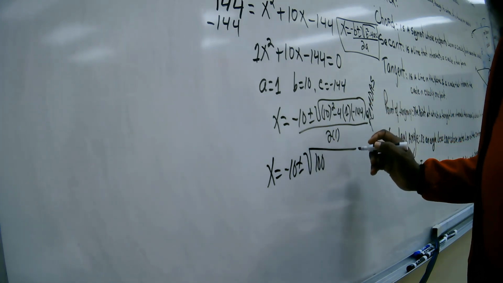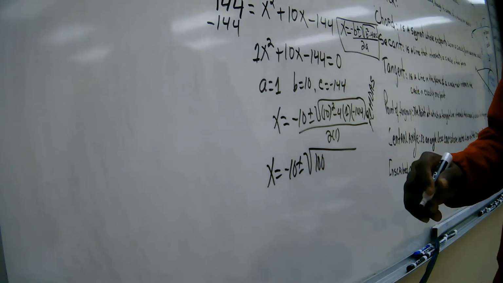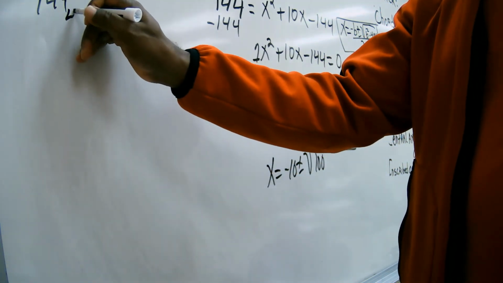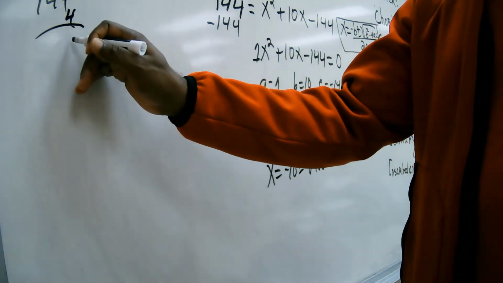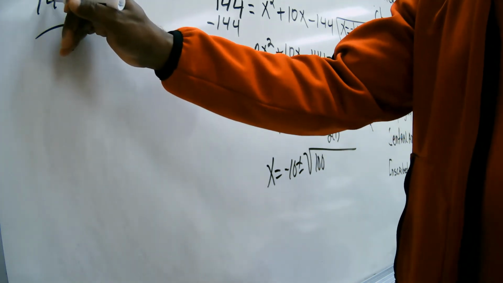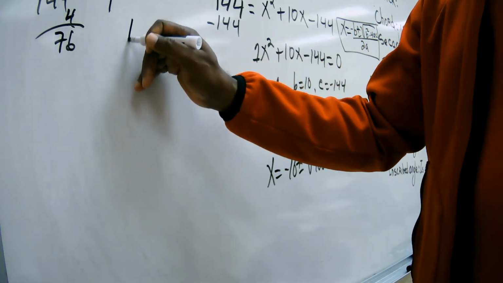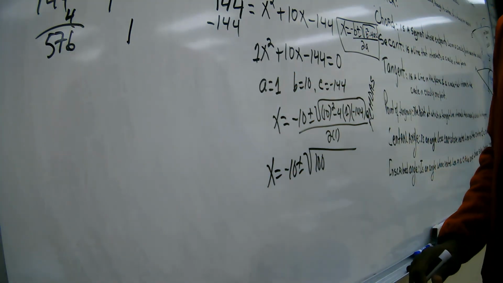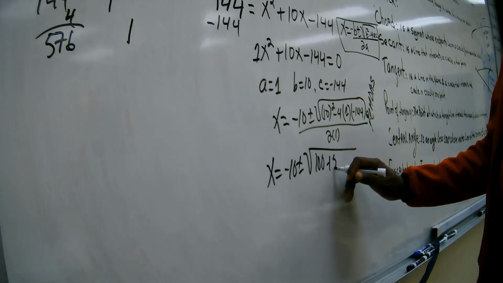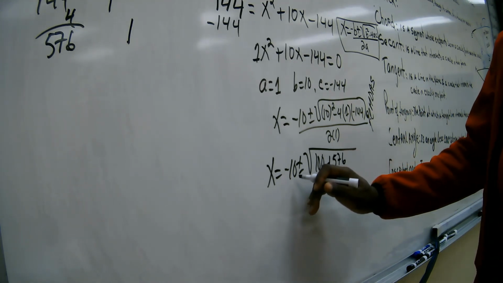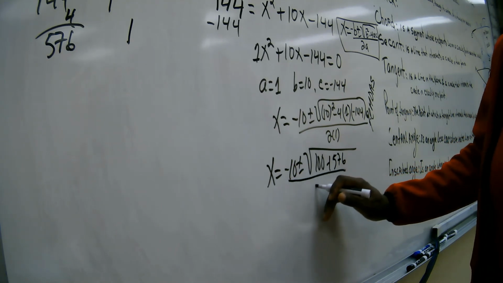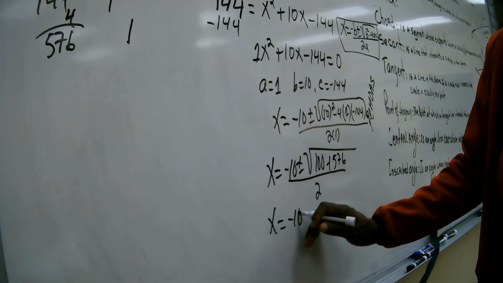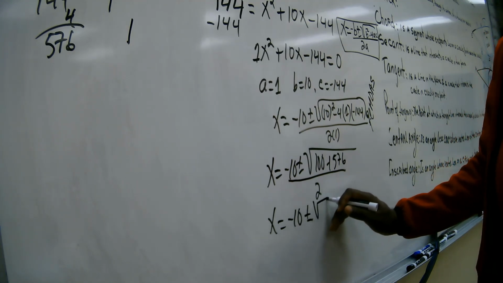Then you multiply 4 times 144, and the negatives become positive, which gives you 576. 100 plus 576 gives 676, and everything is over 2.